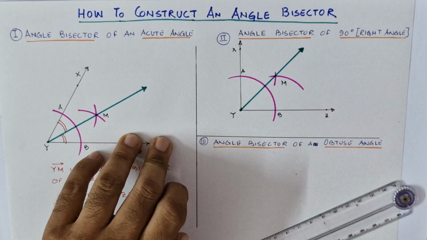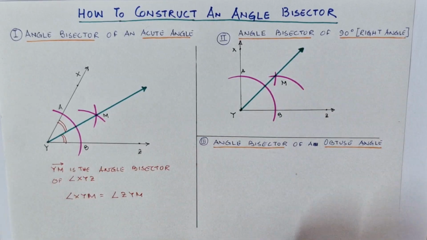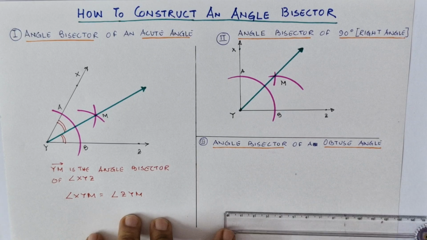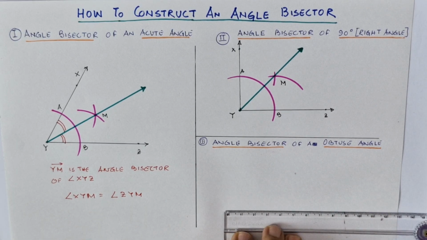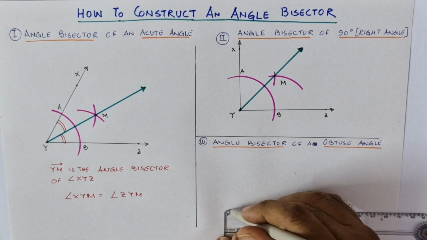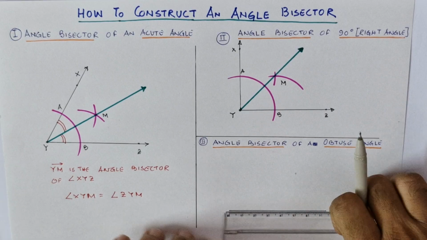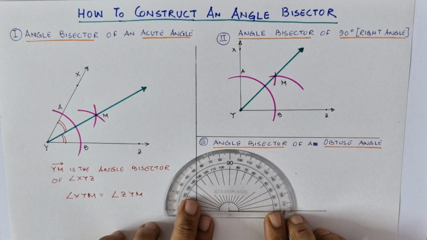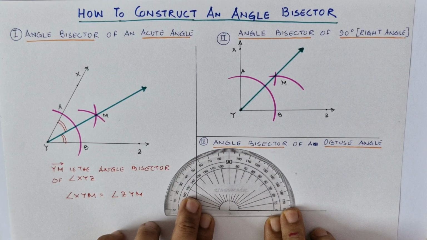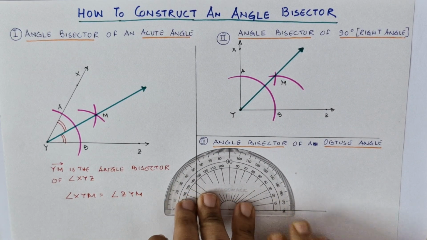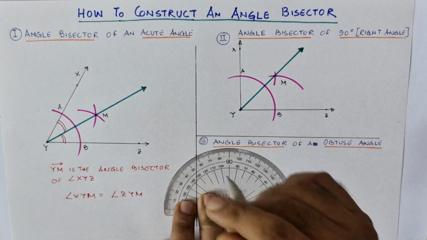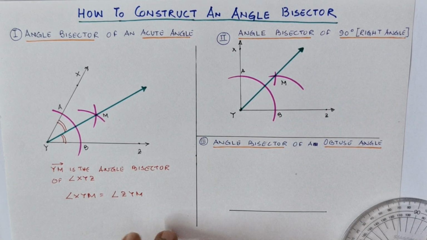So let's take an obtuse angle. So what is an obtuse angle? An angle more than 90 degree but less than 180 degree. So let's draw an angle with a protractor. Later on we'll see how to draw different angles with just compasses only. So let's have 120.